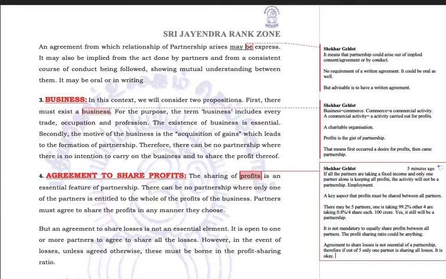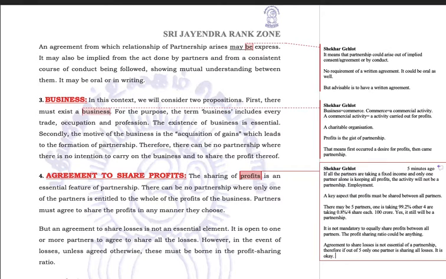So losses may be shared by only one partner out of five, and he is facing all the losses, and all others are not taking any share in the loss. Then also it shall continue to be a partnership as long as it arises out of an agreement for carrying out a business activity and sharing of profits among all.